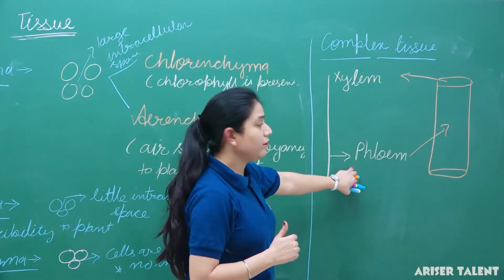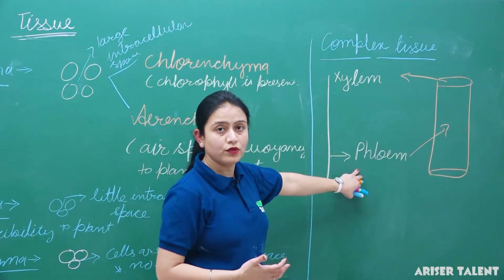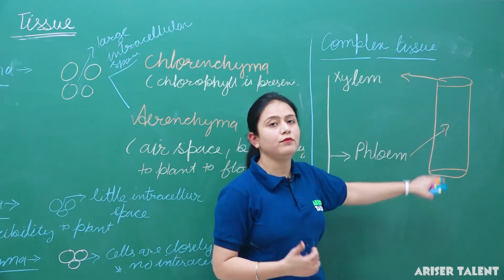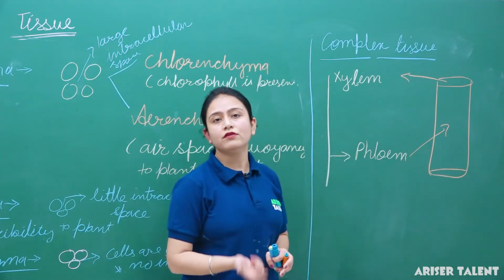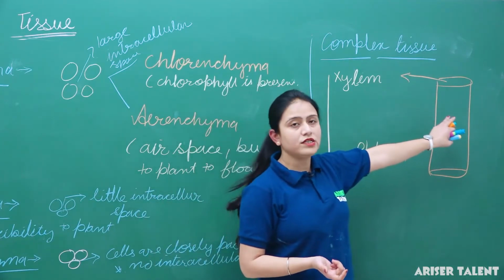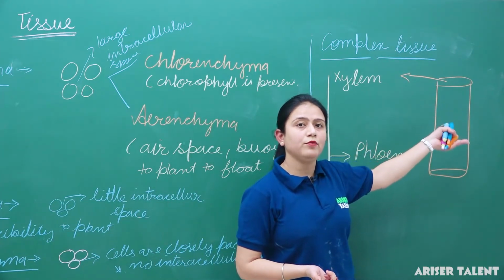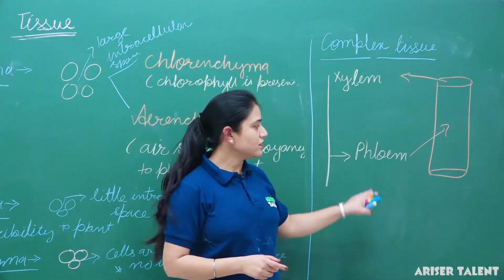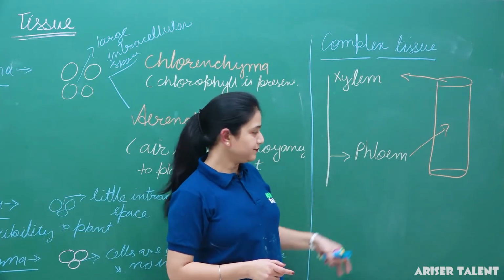And phloem carries the food. As we know that plants have chlorophyll, they can make the food. Once the food is prepared in the leaves, phloem brings food from the leaves to the different parts of the plant.